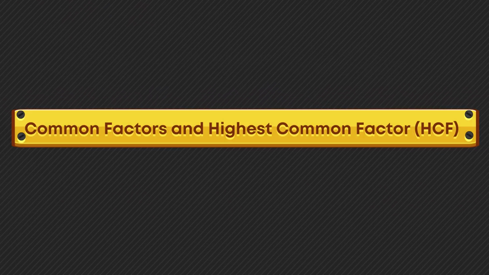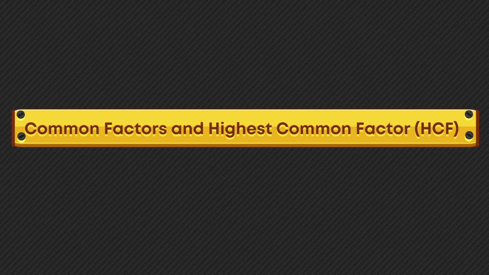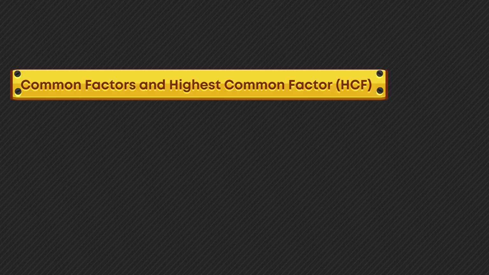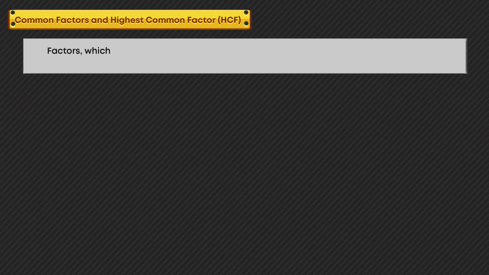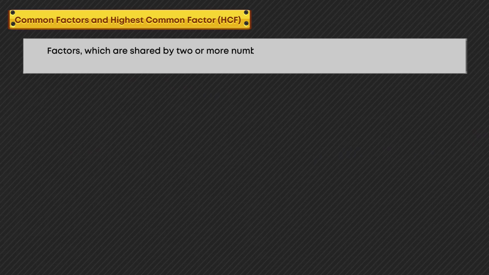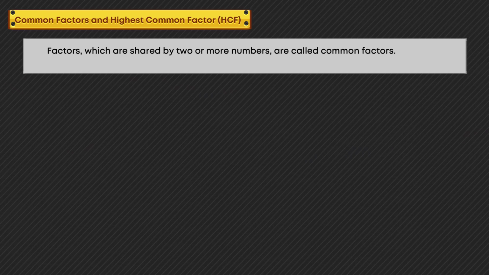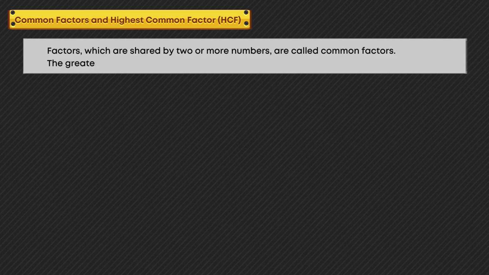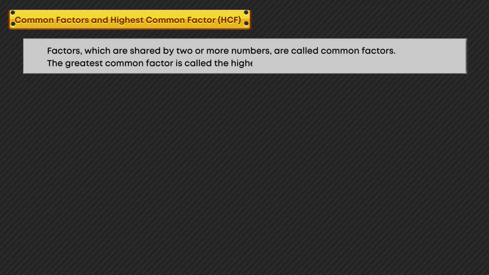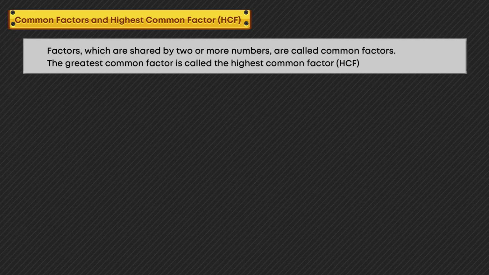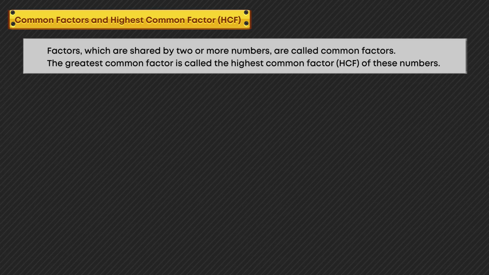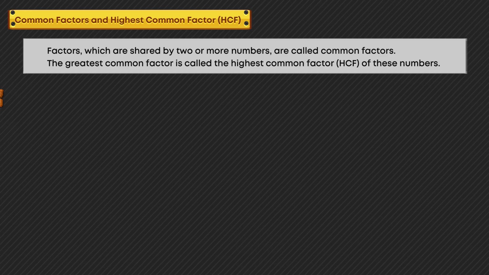Common factors and highest common factor, HCF. Factors which are shared by two or more numbers are called common factors. The greatest common factor is called the highest common factor, HCF, of these numbers. Example 1.